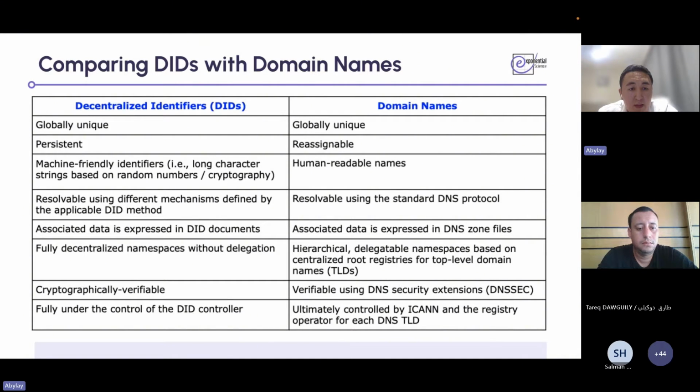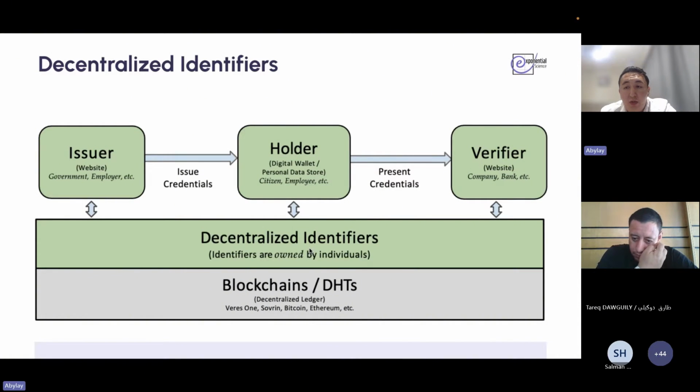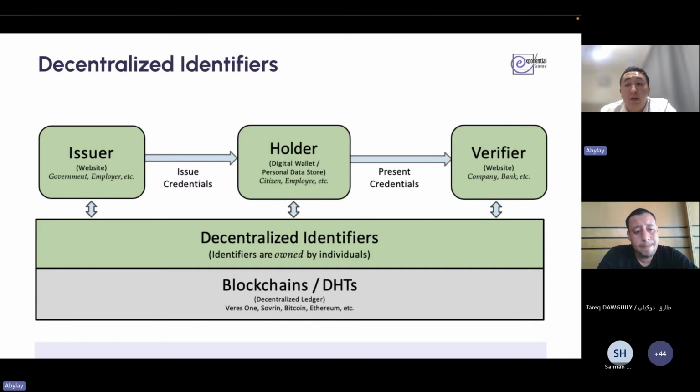DIDs are fully under the control of the DID controller, while domain names are controlled by ICANN and the registry operator for each DNS TLD, as I mentioned. So you can use your DIDs and attach your credentials and attributes to them, and use them for your identity verification. Basically, the concept is like that.